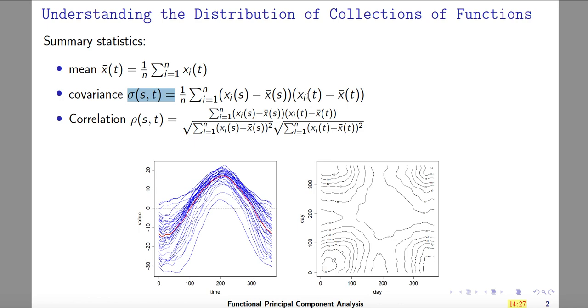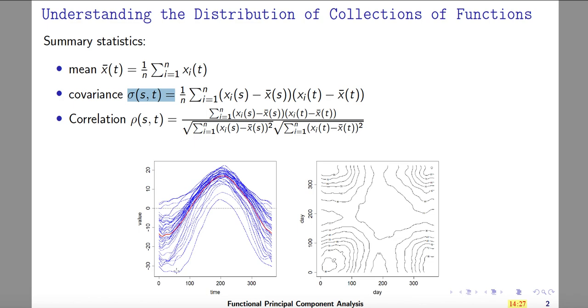Okay, so the bottom of this slide shows two graphs. The left side shows the mean daily temperature in 35 Canadian cities.